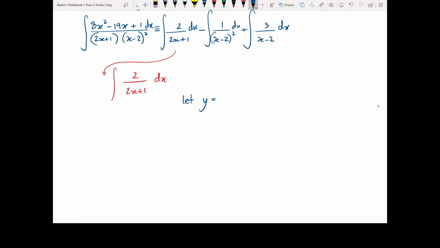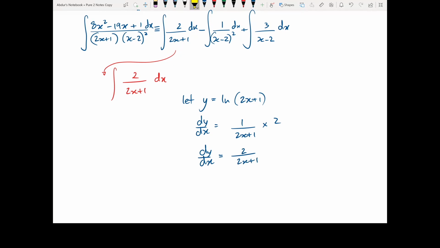So we would start by saying y is equal to ln of bracket 2x plus 1. If we differentiate that, then by chain rule we get dy by dx is equal to 1 over 2x plus 1 multiplied by the differentiation of the inner function, which is 2. So dy by dx is equal to 2 over 2x plus 1.